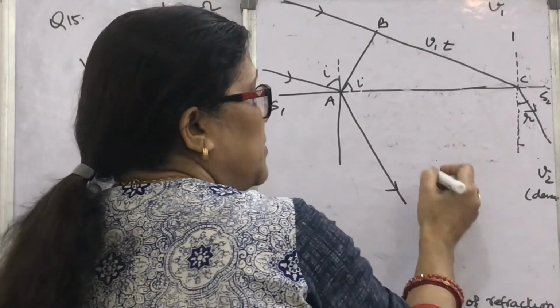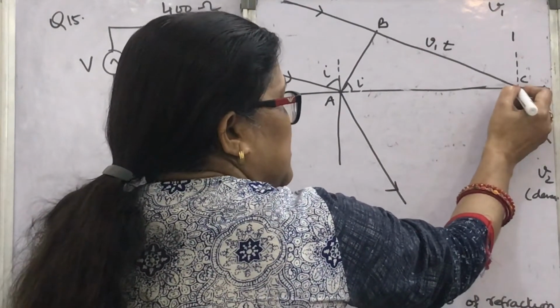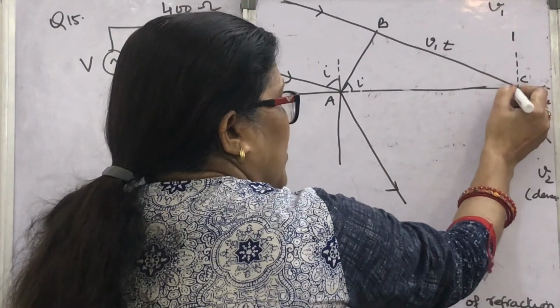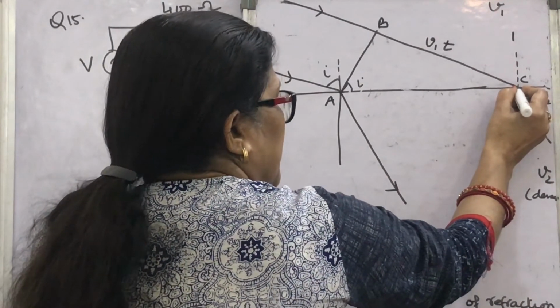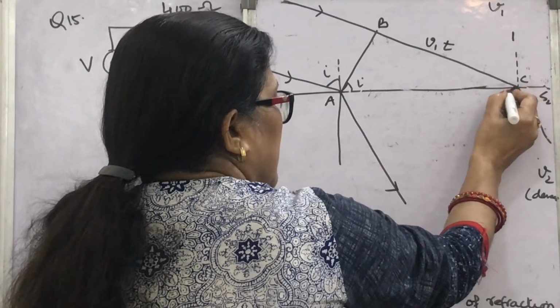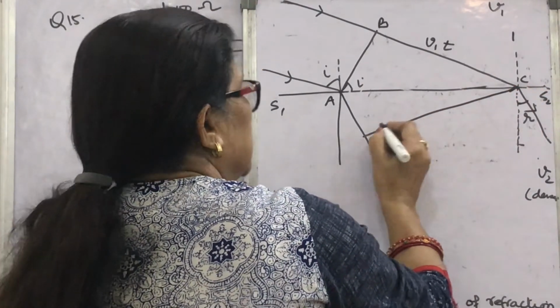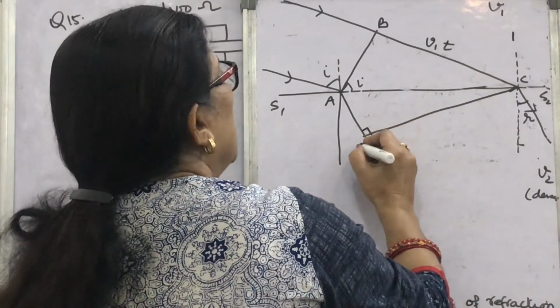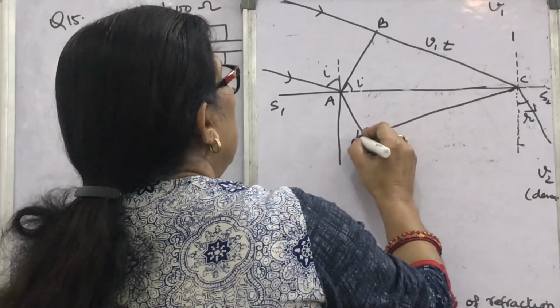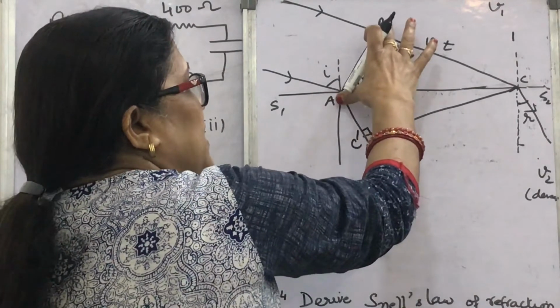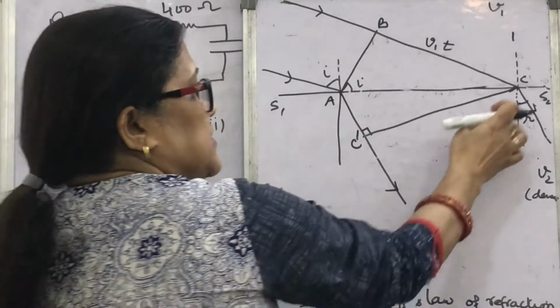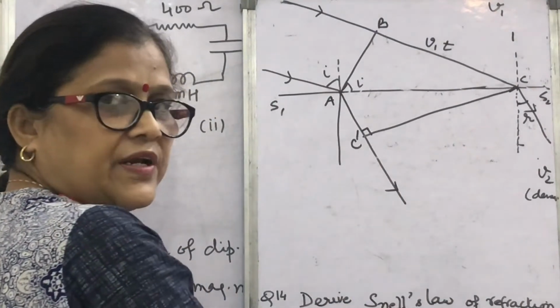Now, from this point, if you draw a normal, a 90-degree line, this will be AC dash. AB is the incident wavefront and CC dash is the refracted wavefront.